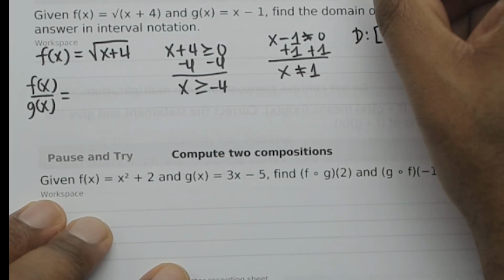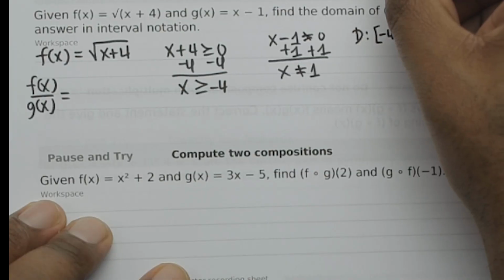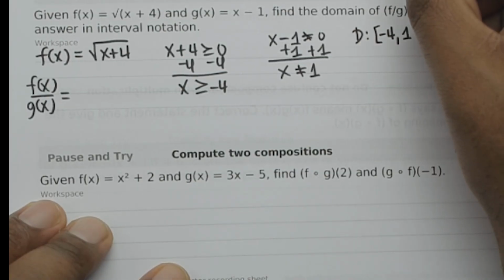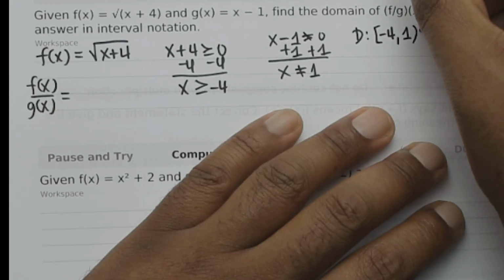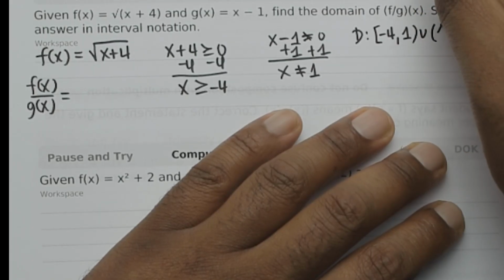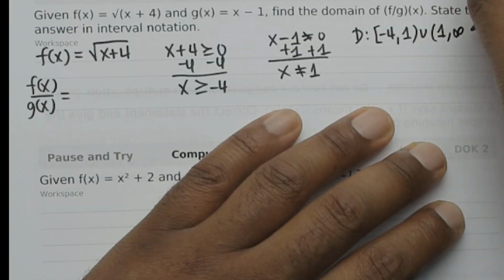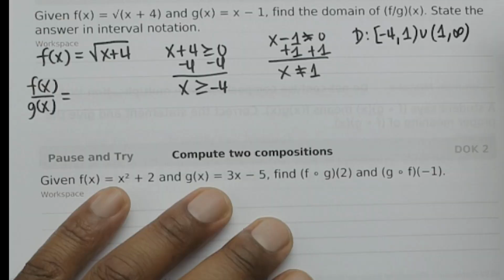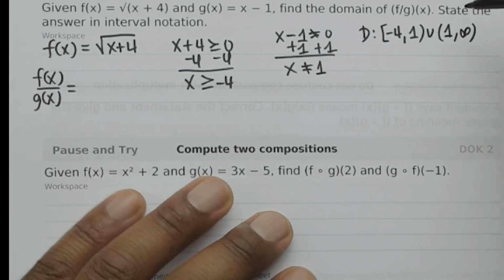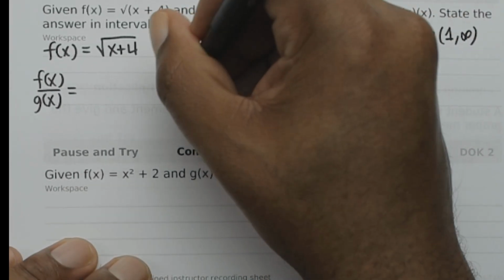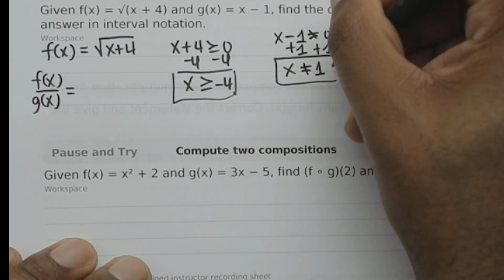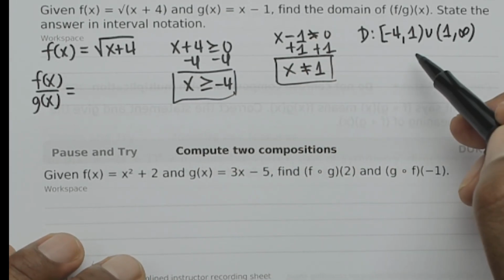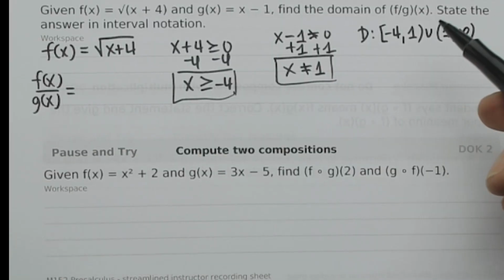That looks like [-4, 1) union (1, infinity). That would be the domain of this particular problem. We had to understand this restriction, and then also that restriction, to be able to understand what this would be.